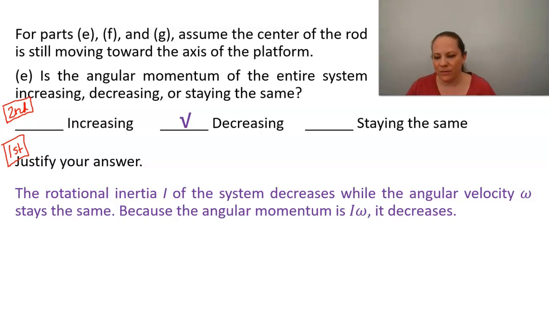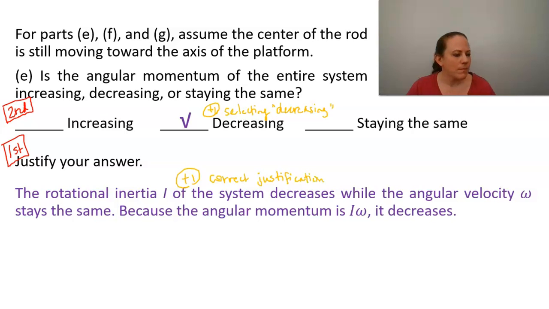Our points here are 1 point for selecting decreasing, and 1 point for a correct justification, and there's a note here that if the wrong selection is made, no points are earned for the justification.